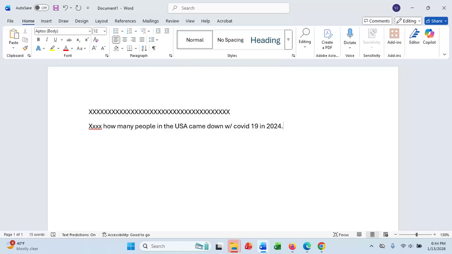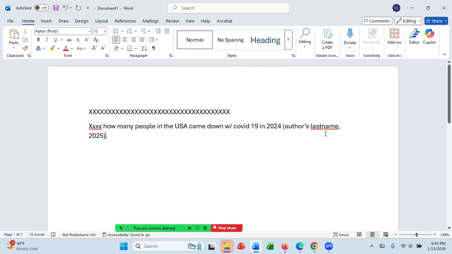It's not common knowledge. So after that fact, you should put in a citation, which will be the author's last name, and then a comma, and then the year of publication. It will be 2025 for this example. Any question about any of that?